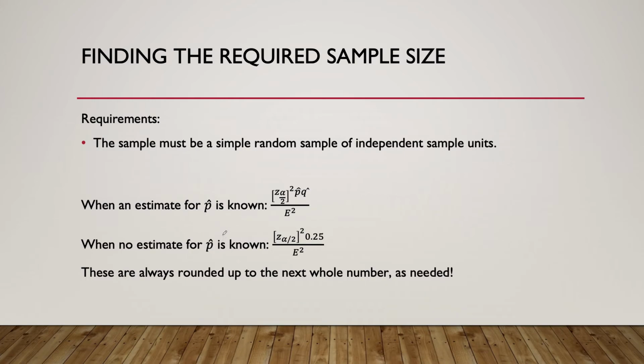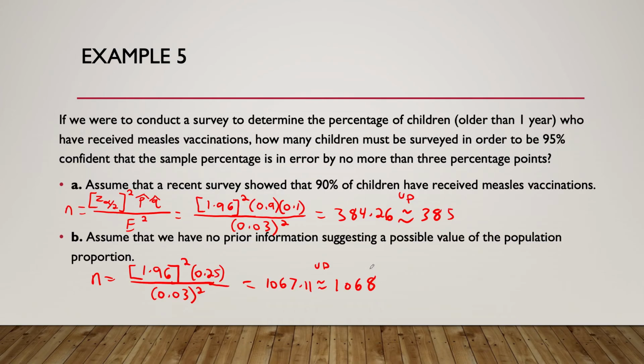If there is no known estimate of p-hat, that will be z sub alpha divided by 2 squared times 0.25 divided by the margin of error squared. This is 0.25 because we are assuming that p-hat and q-hat are the same number, which is 0.5. And then we always round up to the next whole number as needed.